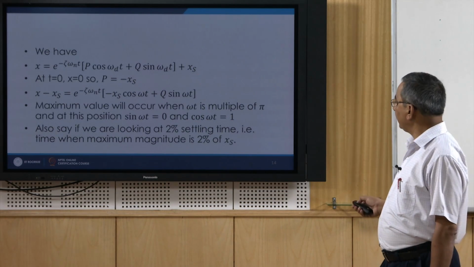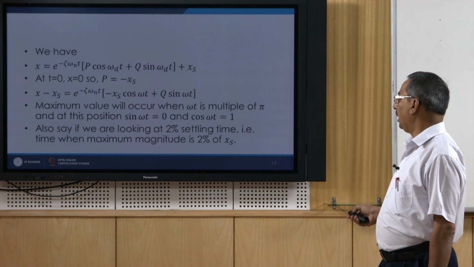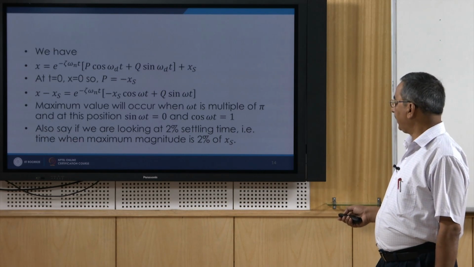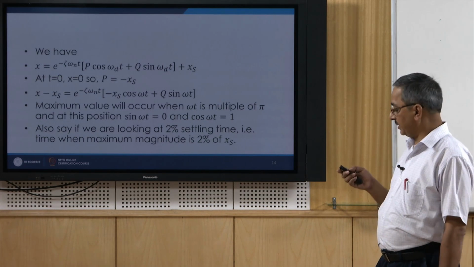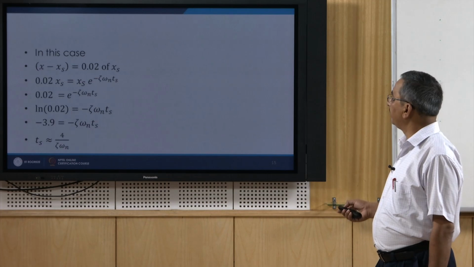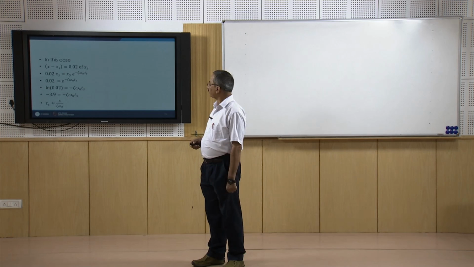So, in this condition, suppose we are talking about 2% settling time, then the time when the magnitude is 2% of excess we can find out. So, we are talking about x minus xs as 0.02 of the excess value.